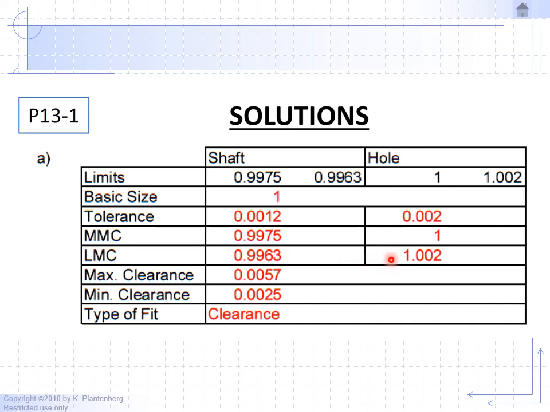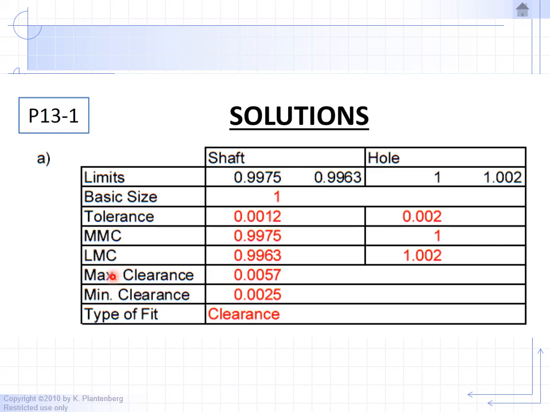Now for the block with the hole, it's when you have the larger hole. The larger the hole, the more material you remove, the lighter the block. So the least material condition for the block is when you drill the larger hole, removing the most material allowed, which is 1.002 inches in diameter.